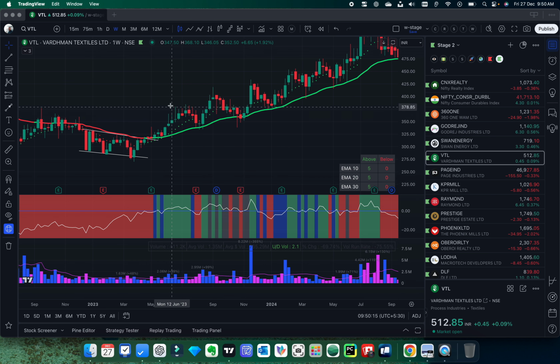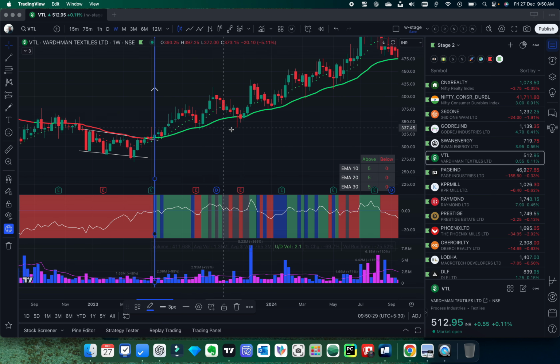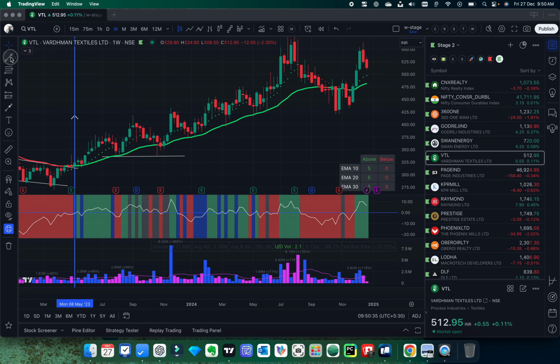So ideally we should have taken entry here at this place. This is the place, and after that the stock is making higher highs and higher lows.